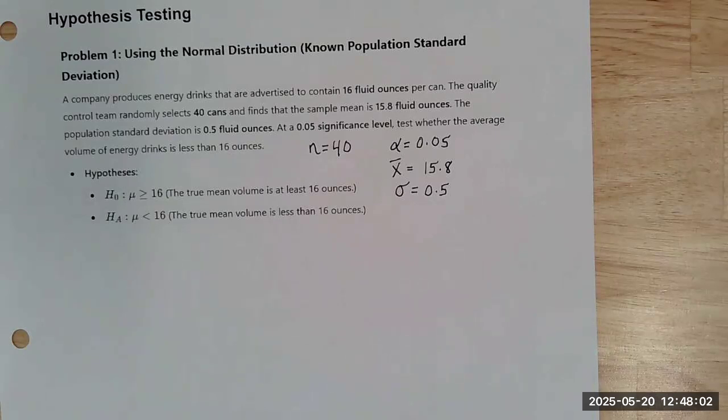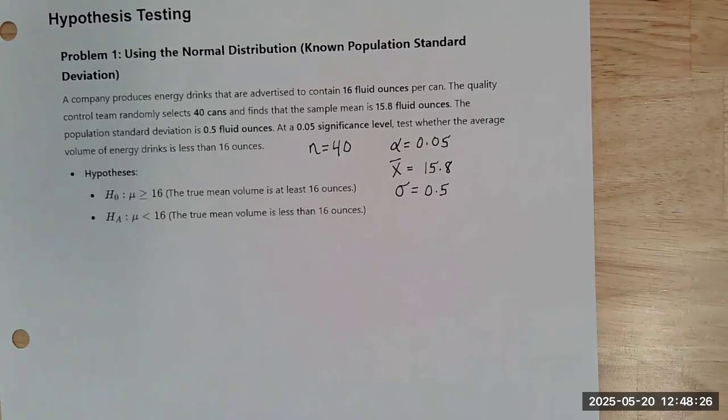It's the status quo. So if the energy drink company says they're 16 ounces per can, and you're doing a test to check if they're 16 ounces per can, what would be boring is if it's exactly what they told you it is. Like, yeah, they're 16 ounces per can. That's the null hypothesis.